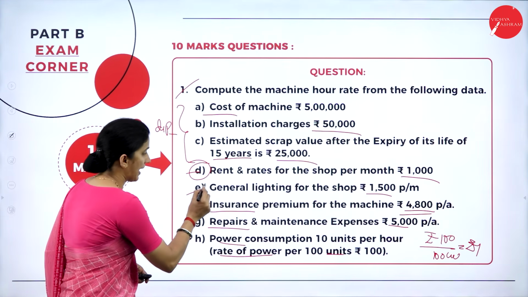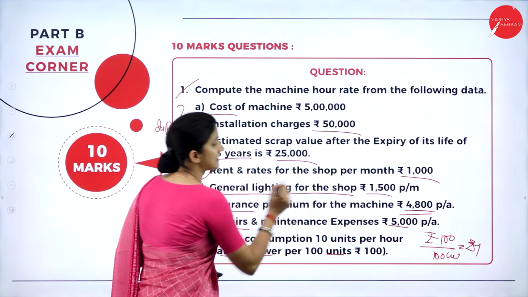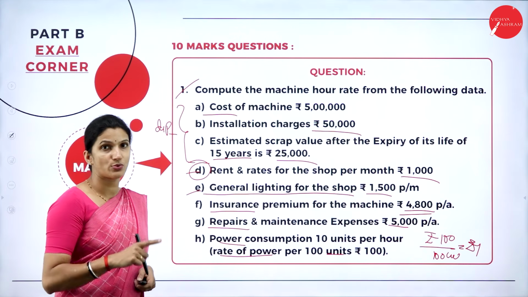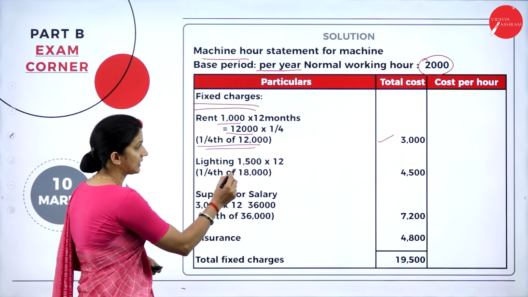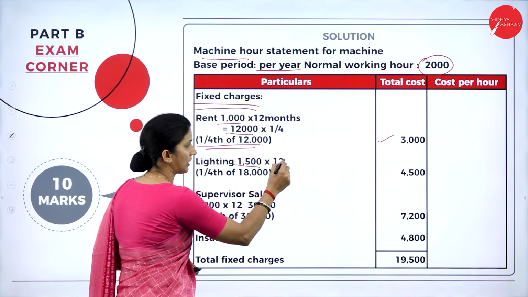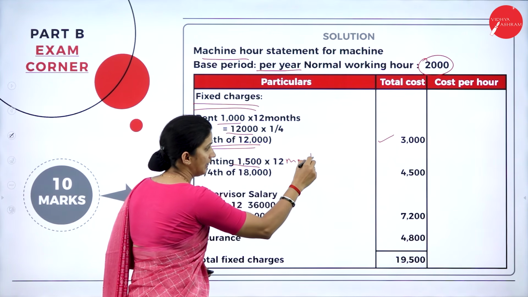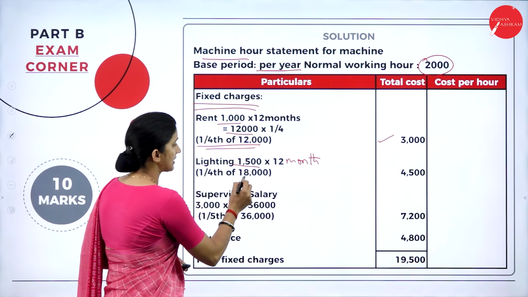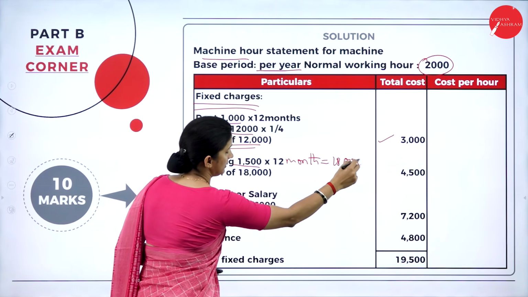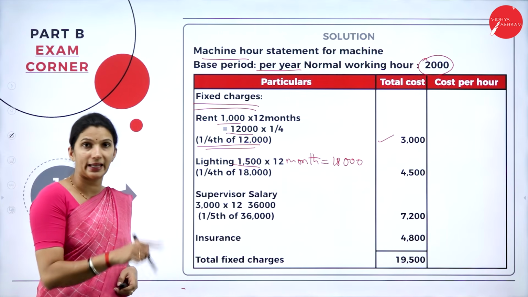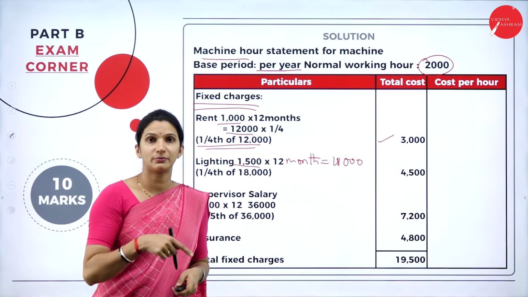Then next we have general lighting for the shop. It is 1,500 per month. We are considering 12 months, so the total is 18,000. Again, what is the space occupied by this machine?